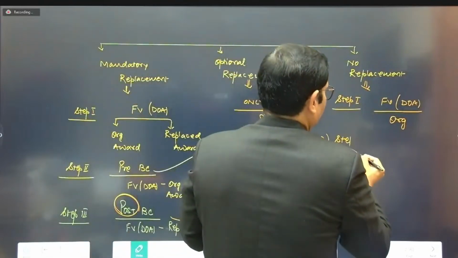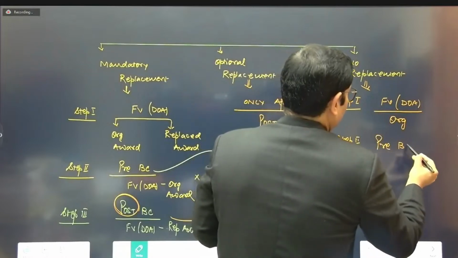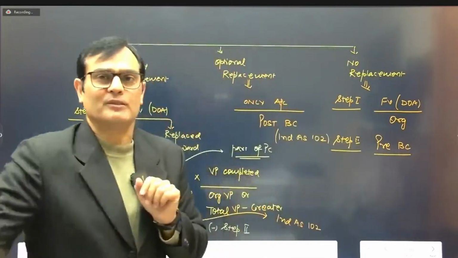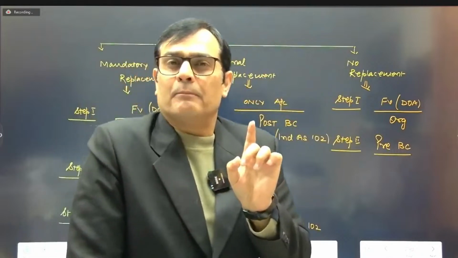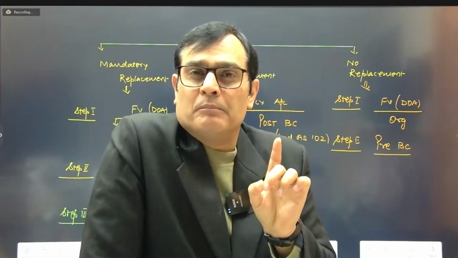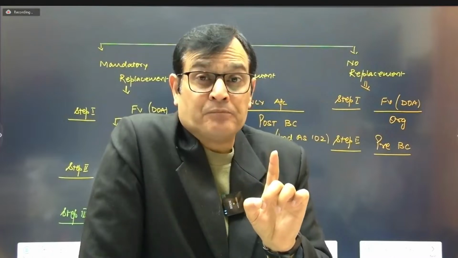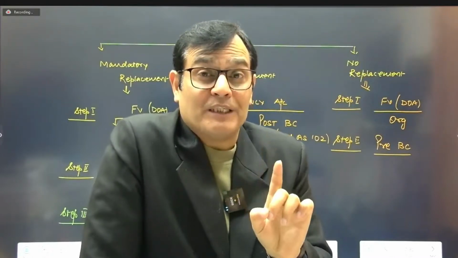Then you go to step number two, and you will calculate the portion which is pre-business combination. But this portion will not be a part of the purchase consideration, because I am not required to create an SBP reserve, as I'm not doing a replacement.